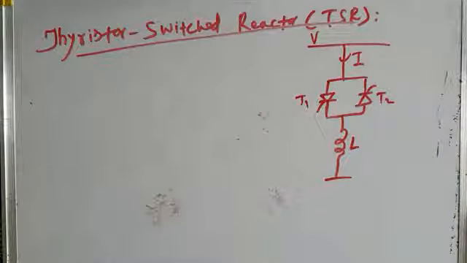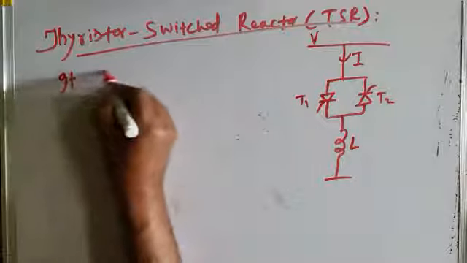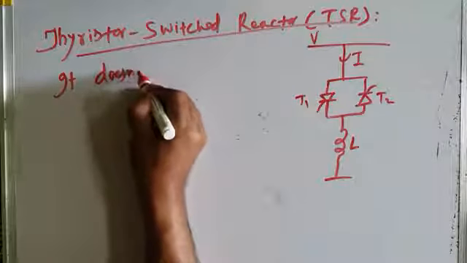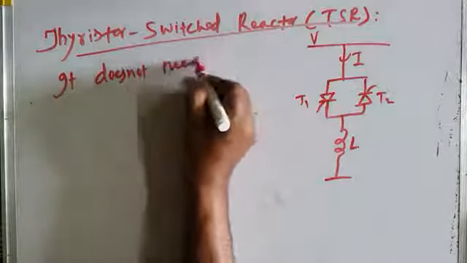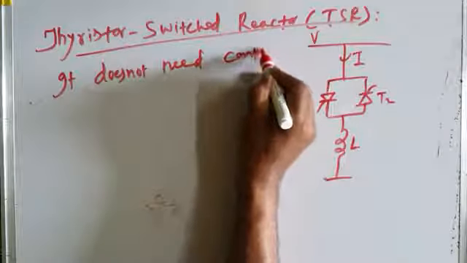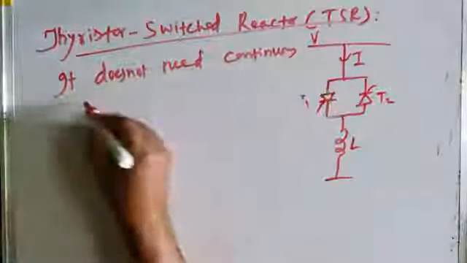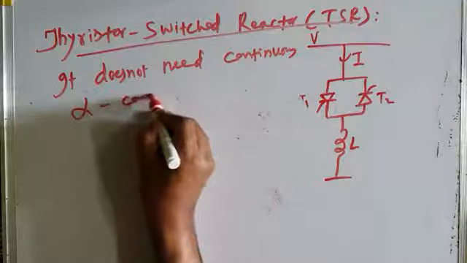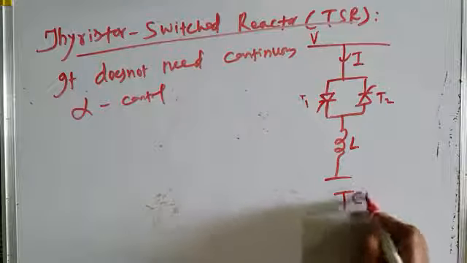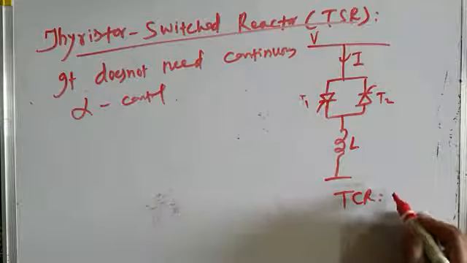A thyristor switched reactor, TSR, unlike a TCR, does not work on continuous delay angle control. So it does not need continuous delay angle control or continuous alpha control. For example, in TCR, we continuously do the alpha control.